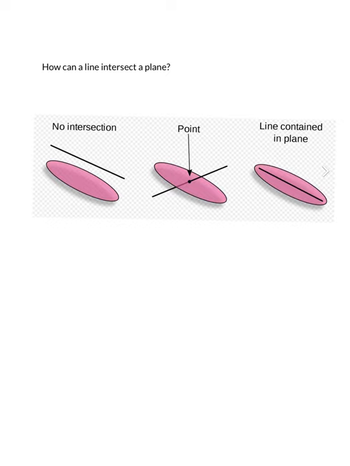So our first option would be if we have a plane and a line that are parallel and do not intersect at all. Now in this case, there's no solutions. And we could say that the line and the plane are parallel and distinct.